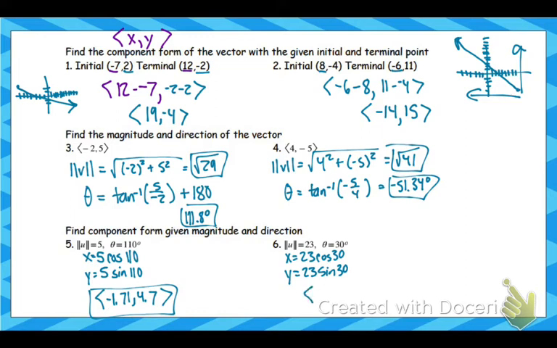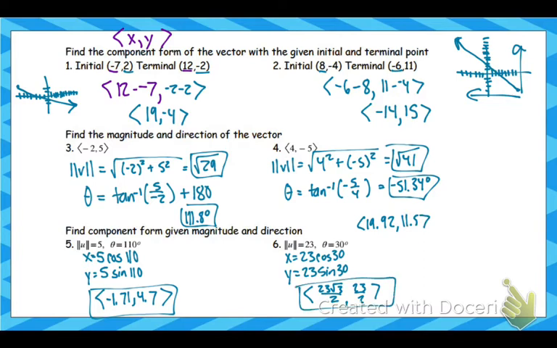So you end up with 23 root 3 over 2, or the equivalent decimal, 19.92. And then 23 sine of 30. Sine of 30 is 1/2, so this would be 23 over 2, or if you do the decimal, 11.5.